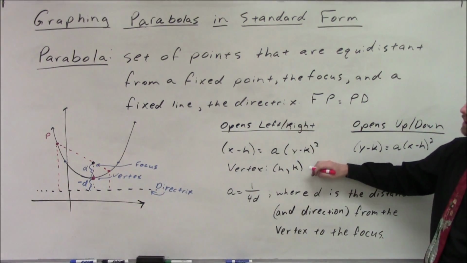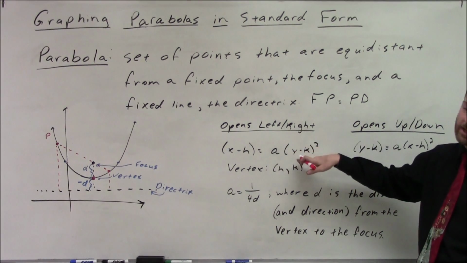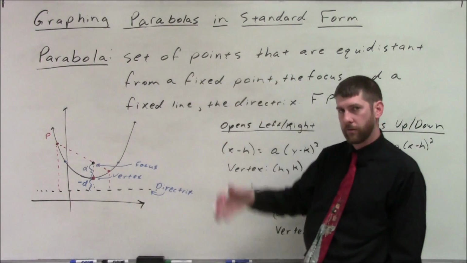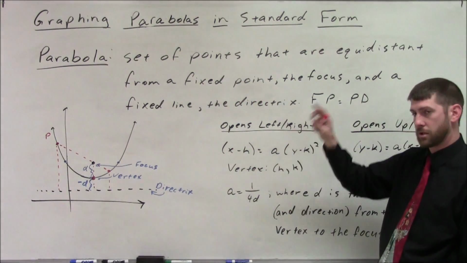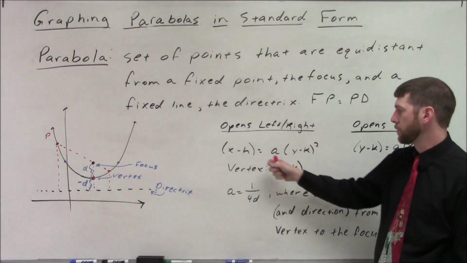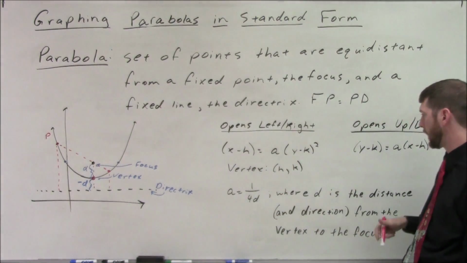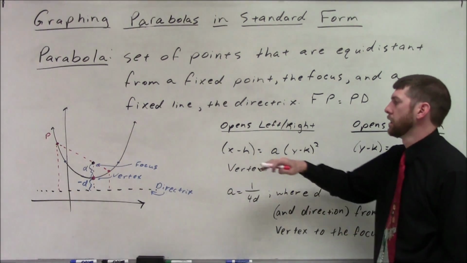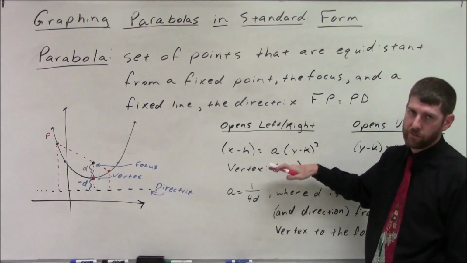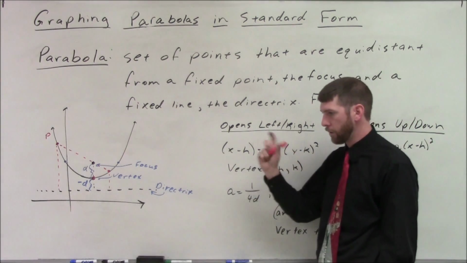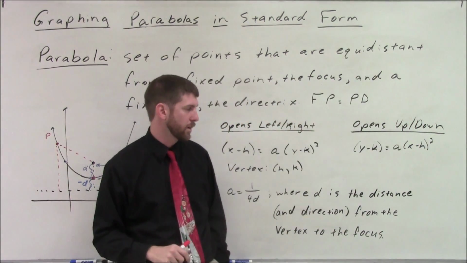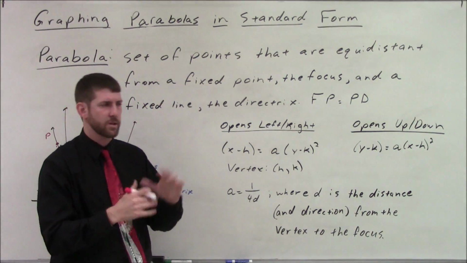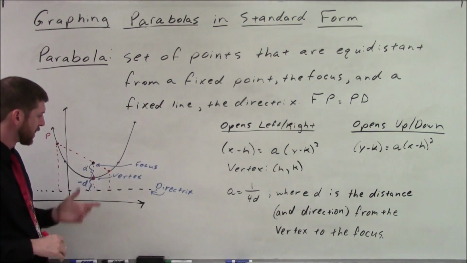If we have an x equals a times y squared type of equation, then the directrix is going to be vertical because the graph is horizontal. So we would get an x equals. So if you'll keep that in mind, y equals graph gives us a y equals directrix. An x equals graph will give us an x equals directrix. That'll help you keep a lot of that information organized. And then when you put it on the graph, it all starts to make sense and fit together and check each other anyways.